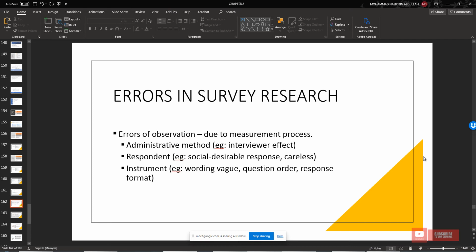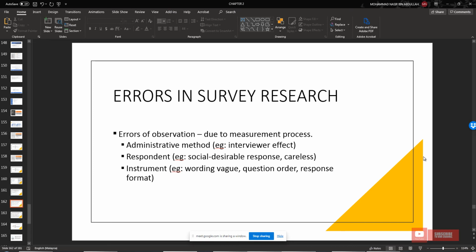Response format is not valid. So this is the kind of error that might happen when you do survey research. Interviewer effect means that the interviewer introduces a bias to the question, right? So the respondent would be affected by the bias introduced by the interviewer.